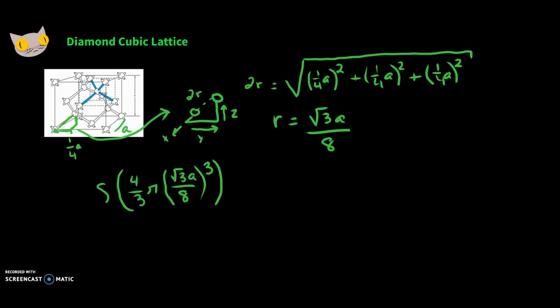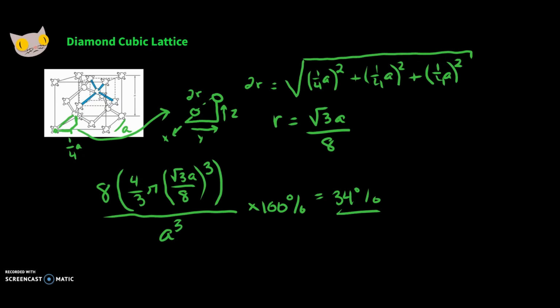Multiply this by the 8 atoms and divide this whole mess by A cubed times 100%. We find that this is going to add up to 34%. 34% of the unit cell is occupied by the atoms.